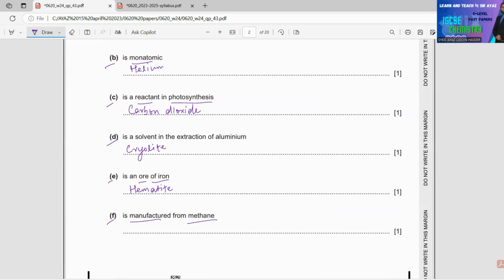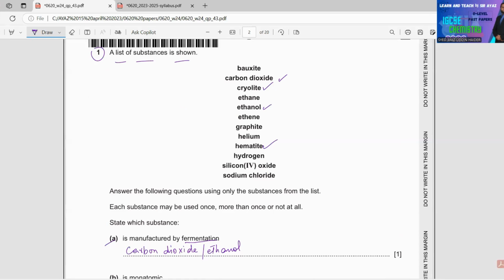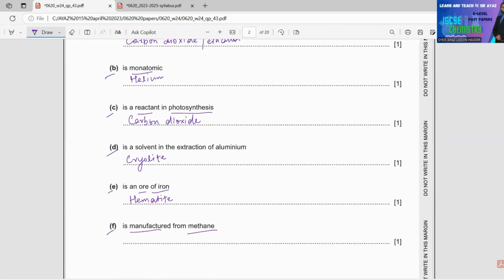Now when methane is treated with steam, we get hydrogen and carbon monoxide. So hydrogen is there in the list, so I'm going to write hydrogen here.